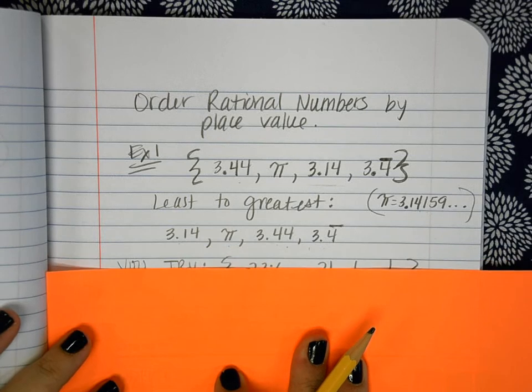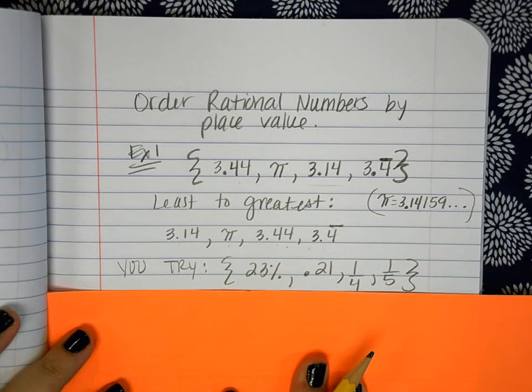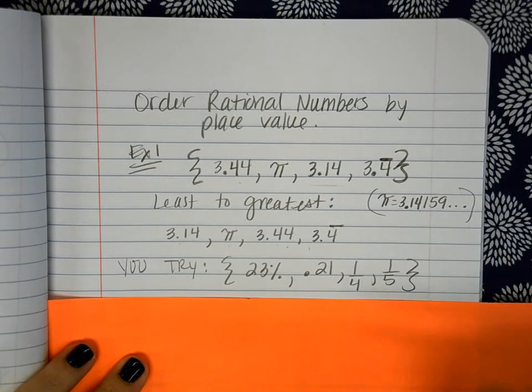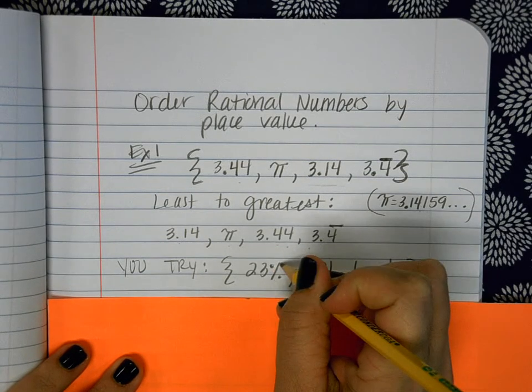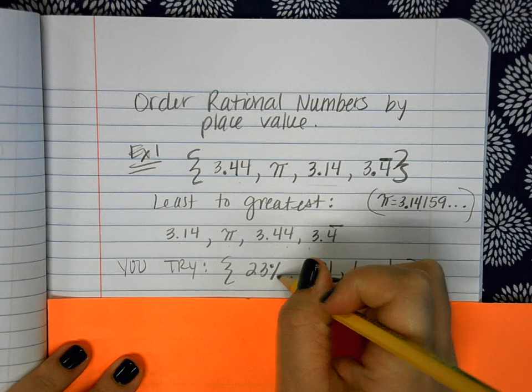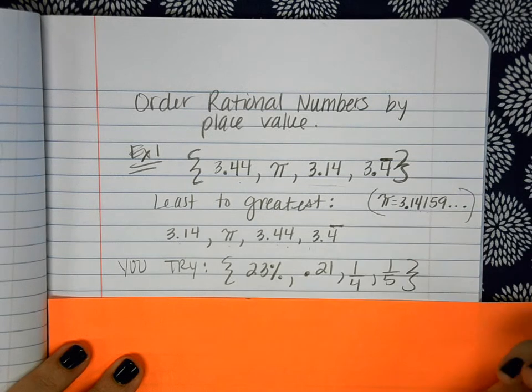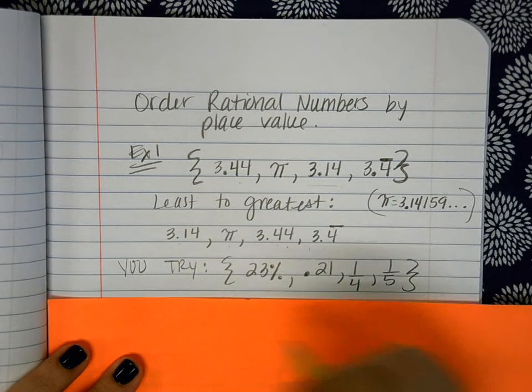All right. So I want you guys to try this one. This one has a percentage in it. It has a decimal. It has fractions. Do you remember how to write percentages as fractions? Yes. Move your percentage. Okay, so go from least to greatest.